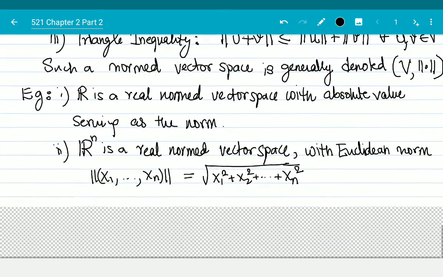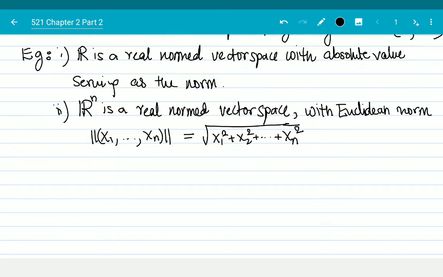You have used this to define distance on R2. This is how you find distances in R2, right? This is exactly how you generalize it to R3, Rn. So this is a real normed vector space.